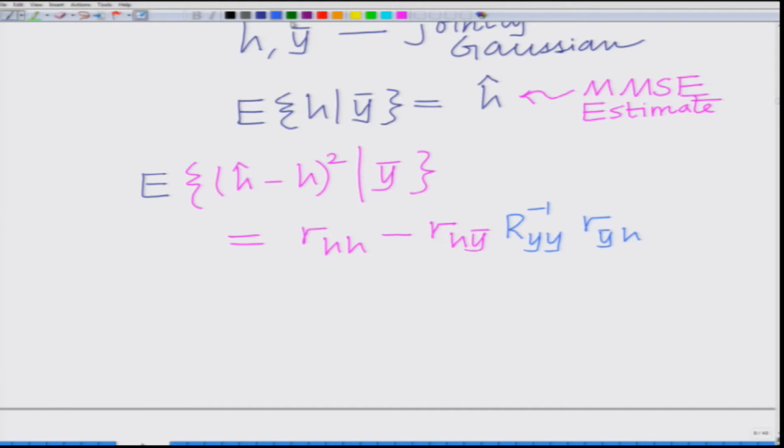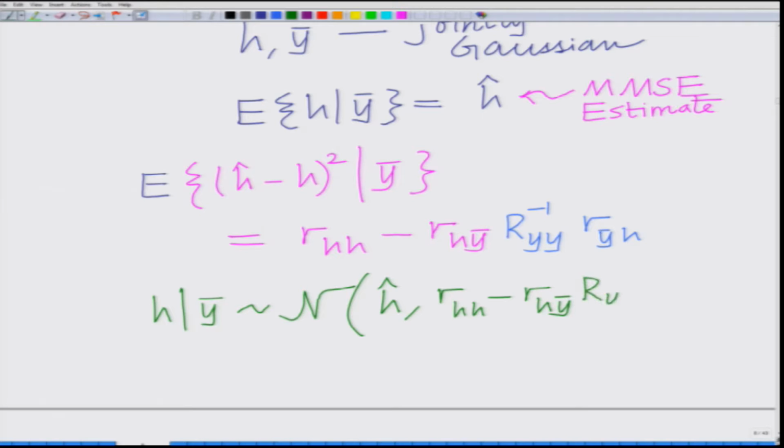So what we have therefore is that h given y bar has a Gaussian distribution with mean h hat given by the MMSE estimate, and variance given by the mean squared error, that is R hh minus R h y bar, R yy inverse, R y h.